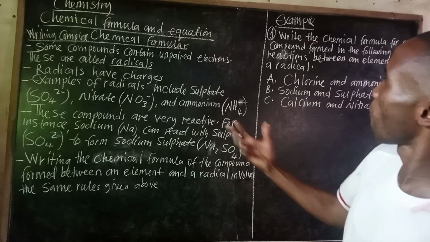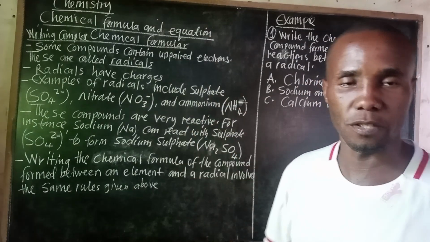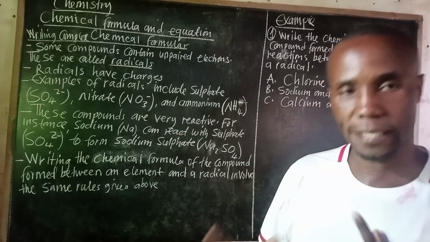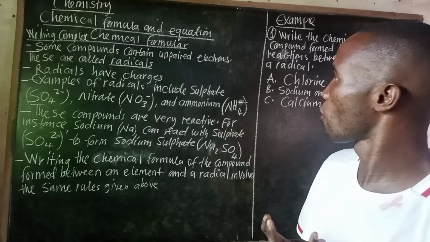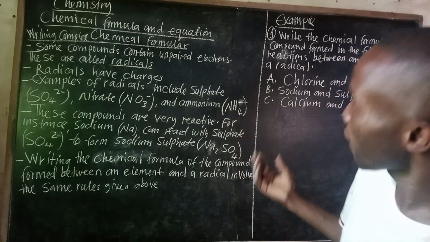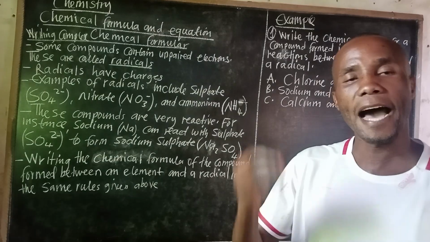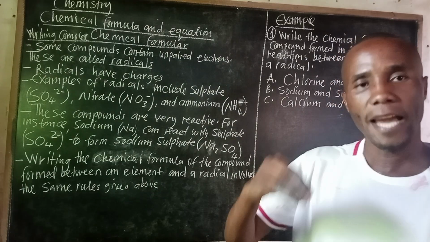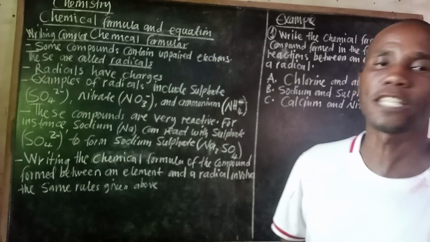Point 1: some compounds contain unpaired electrons, and these are called what? Radicals. So here we are dealing with radicals and an element, wanting to form a chemical formula of these two. So what are radicals? These are compounds that have unpaired electrons in their outermost shell.